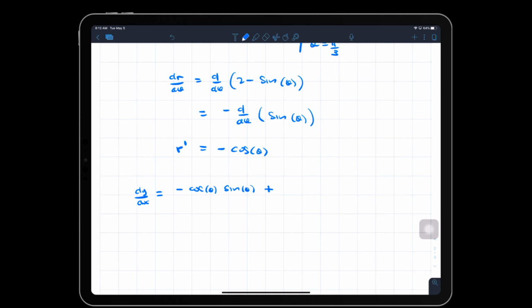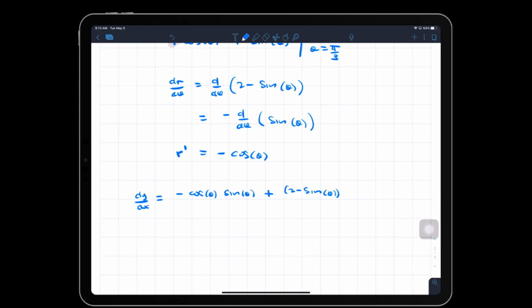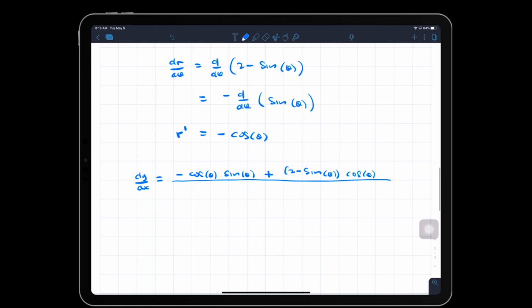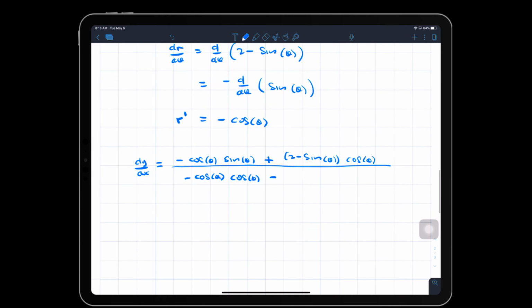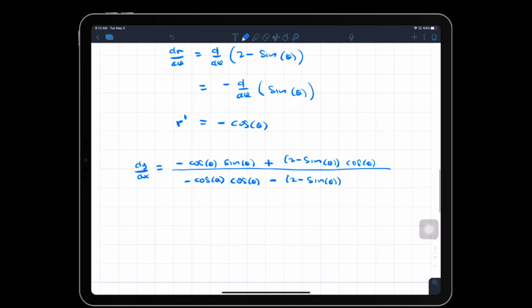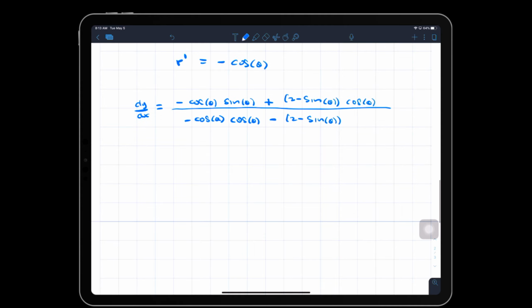So we can say this is 2 minus sine theta times cosine theta, everything over r prime, minus cosine theta, minus r again, which is 2 minus sine theta, and then we have another sine theta here. So let's write that down.